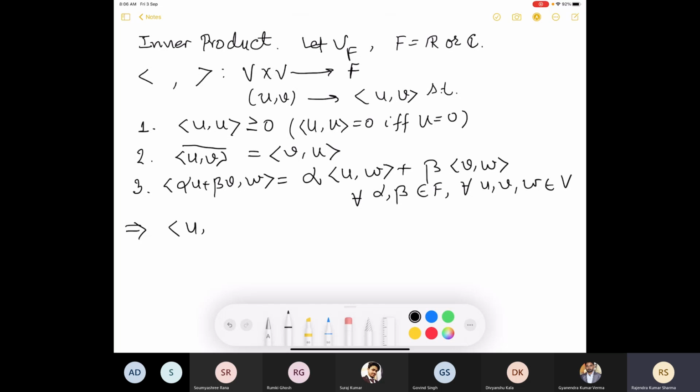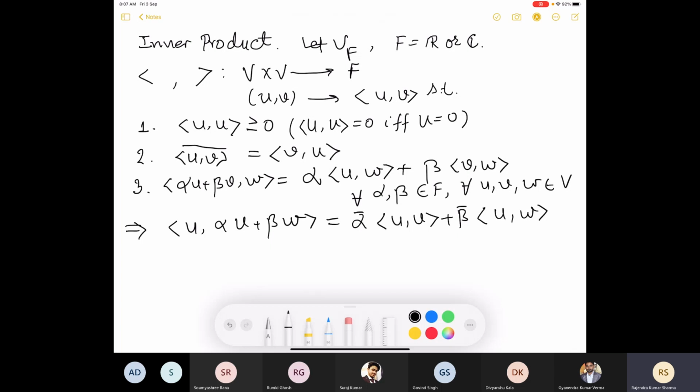So we can use that U comma alpha V plus beta W is alpha bar times U comma V plus beta bar times U comma W. So this is a simple conclusion from second and third that one can have. So this is what we have done, and then we had some examples.